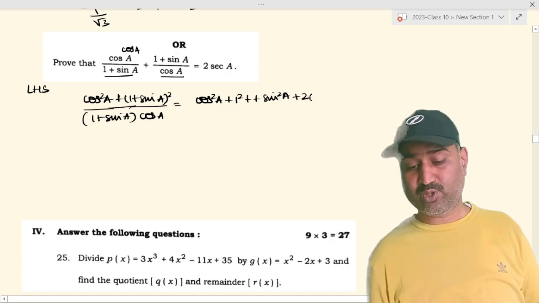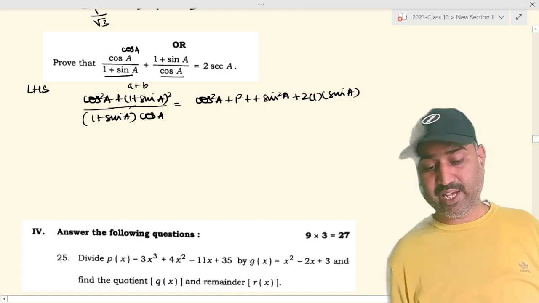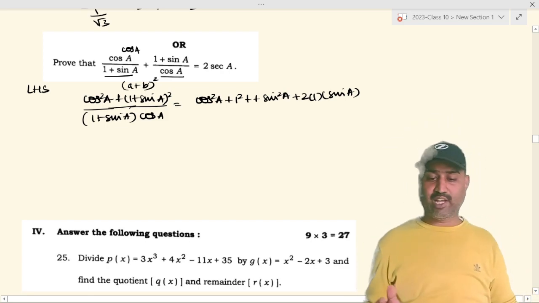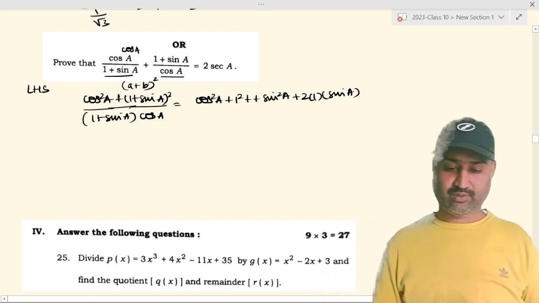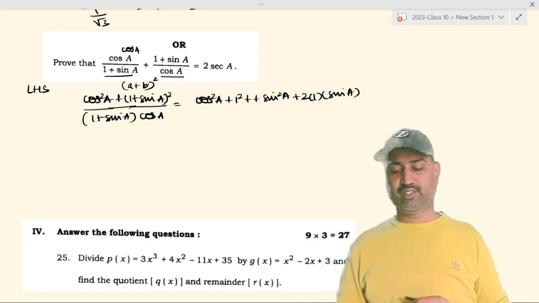Plus 2AB means 2 into 1 into sin A. Here we assume A as 1 and B as sin A. A plus B whole square is 1 square plus sin square A plus 2 sin A, right?